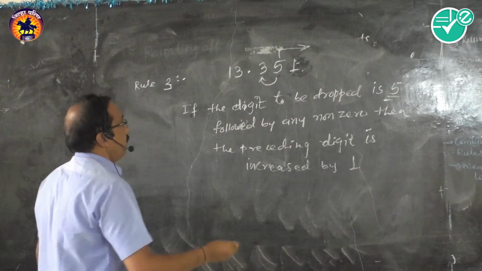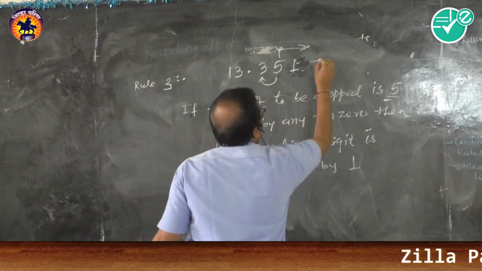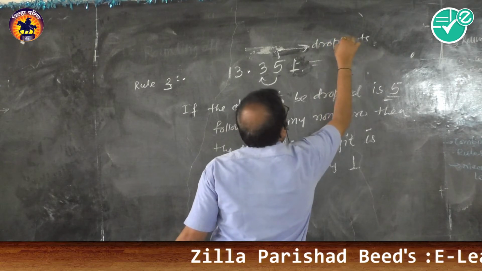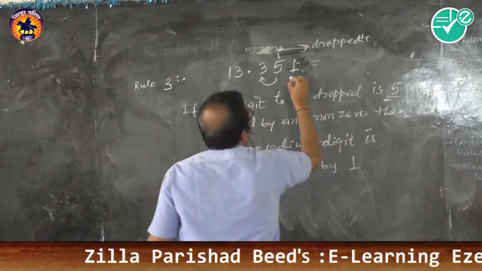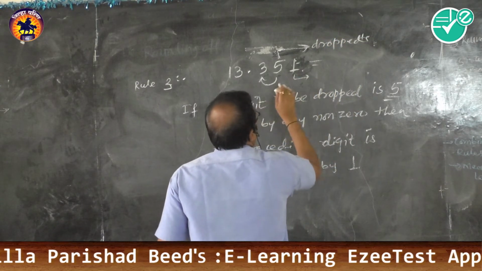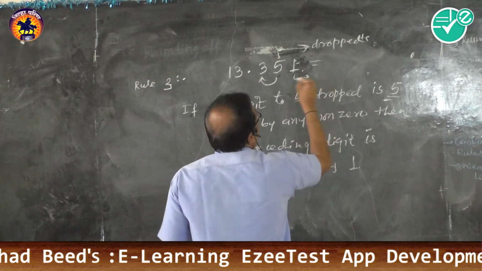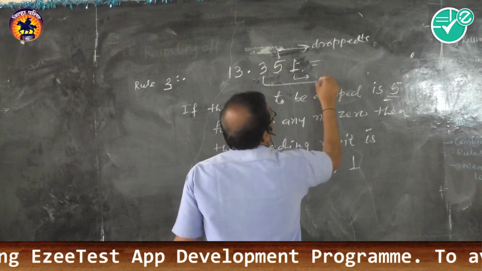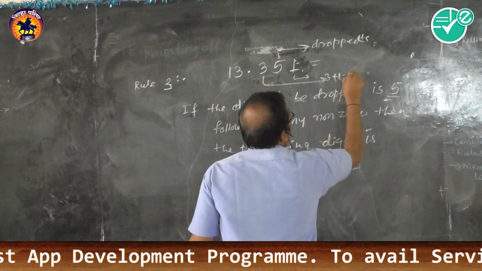That means here in this example, the 5 is to be dropped. We want to drop the number 5, and here 1 is the non-zero number. Therefore, here the preceding number 3 is incremented by 1, that is 4.